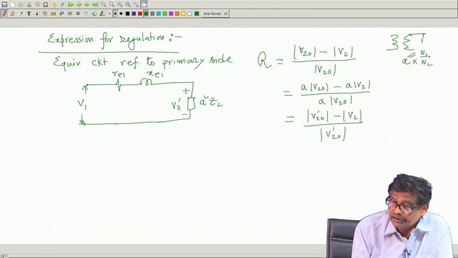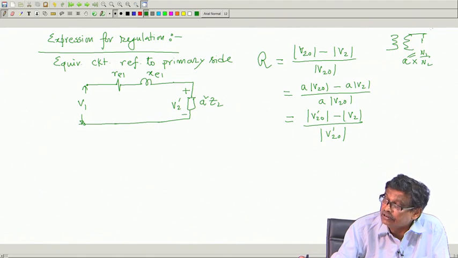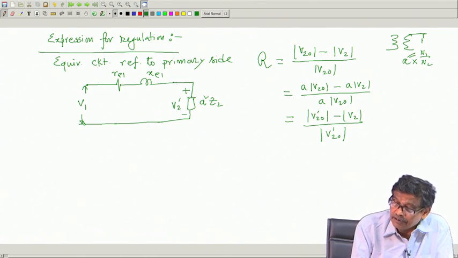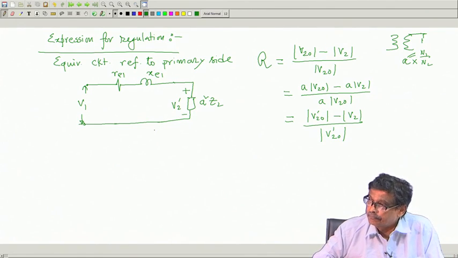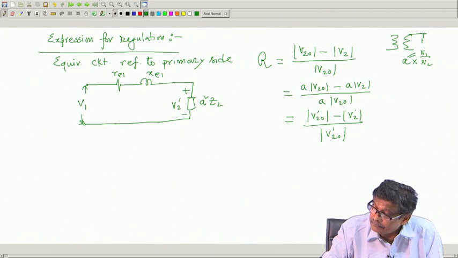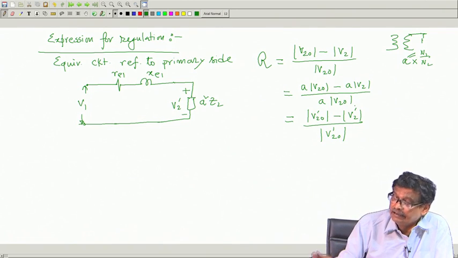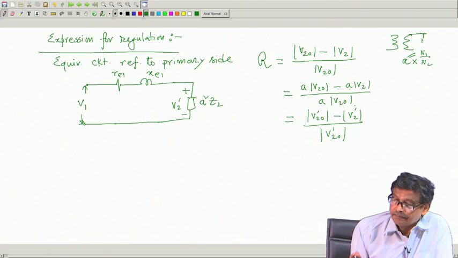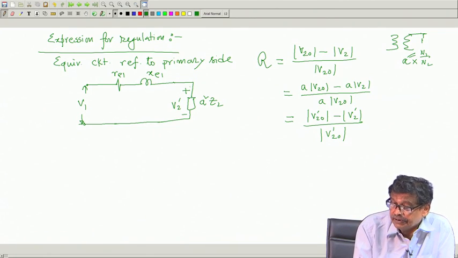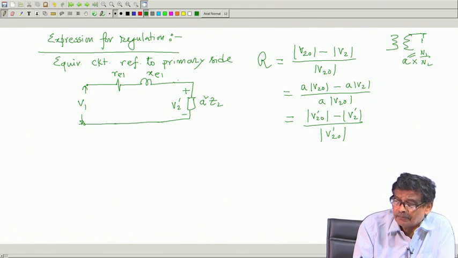So, what will be this voltage, whatever will come here, this voltage with nothing connected is V 2 0. That voltage will be simply this voltage reflected. This will be the thing. Got the point? Where V 2 dashed is the reflected terminal voltage when it supplies some load current I 2 dashed.